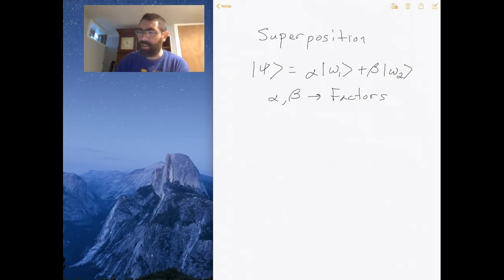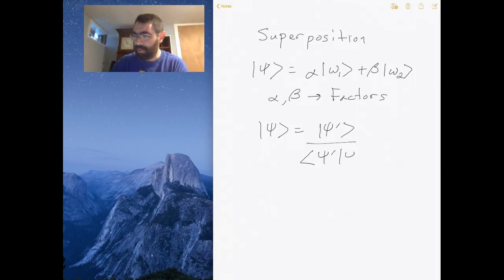If you remember, we have to normalize each state. The normalization we get from taking the state and dividing it by the norm, and this is to the 1/2 power.